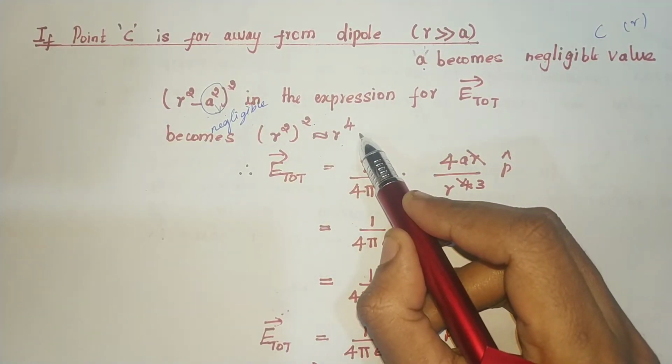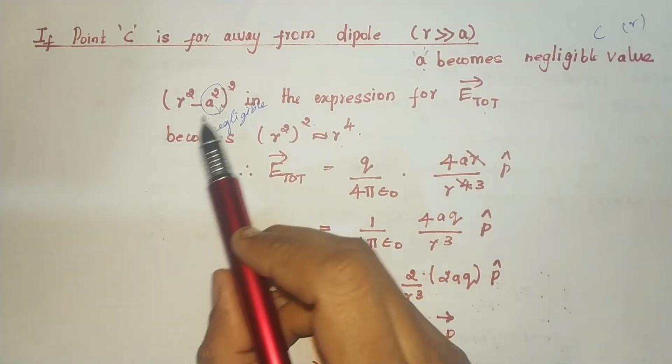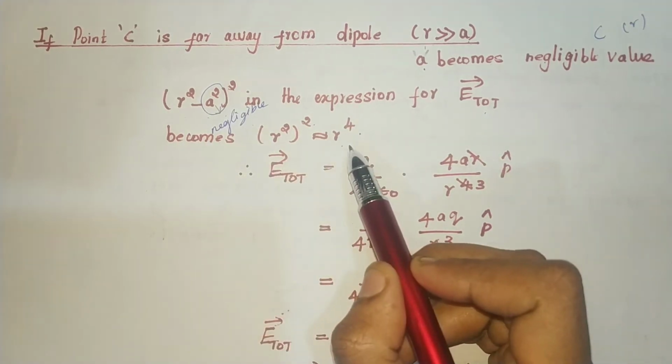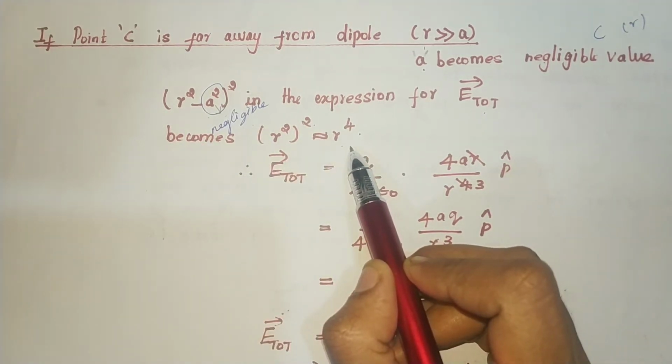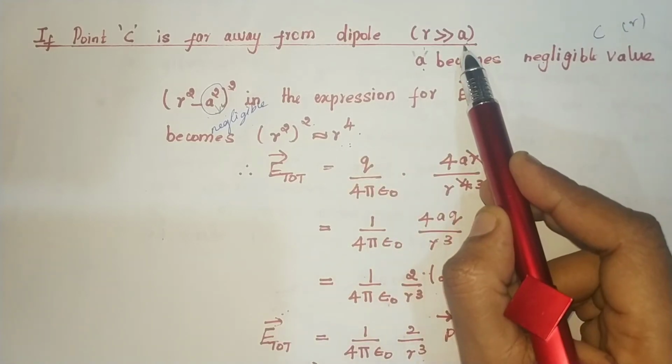R power 4. அப்போ நம்மளுடைய E total எக்ஸ்பிரஷனில் (R² minus A²)²ங்கிற term வந்து இப்போ R power 4னு கொடுப்போம். இந்த கண்டிஷனில் R is far greater than A.